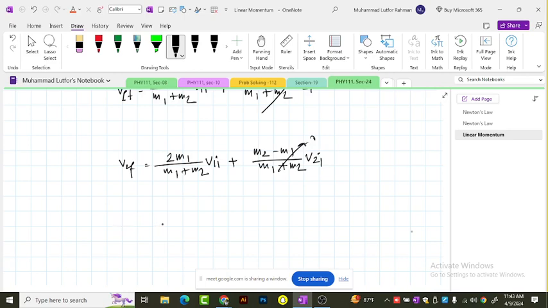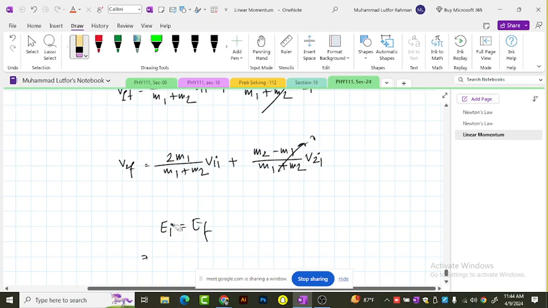Because it's frictionless, I'll write EI equal to EF, or, since the subscript is confusing here, I'll write the equation directly.